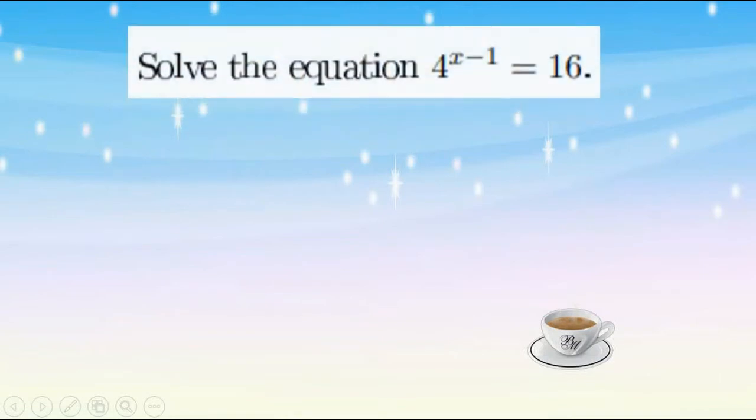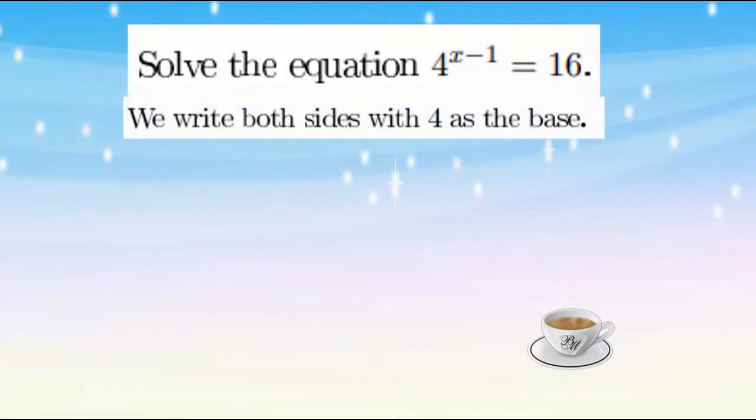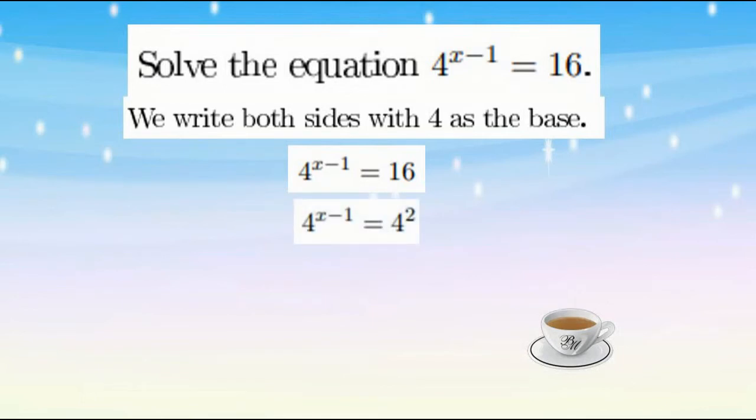Let's now solve the equation 4 to the power of x minus 1 is equal to 16. We write both sides with 4 as the base. So 4 to the power of x minus 1 is equal to 4 to the power of 2.